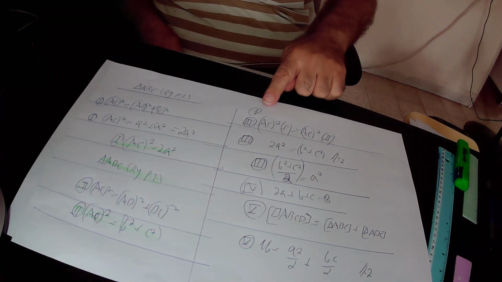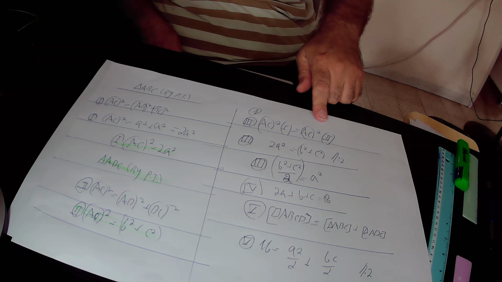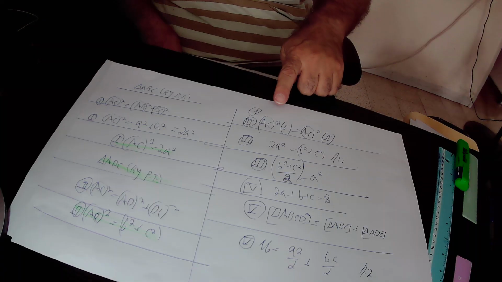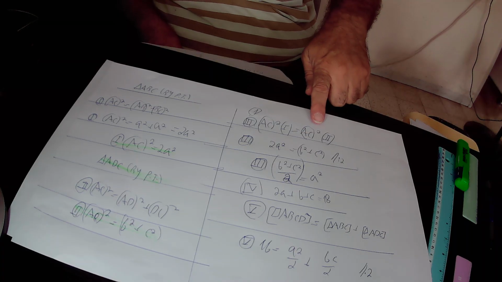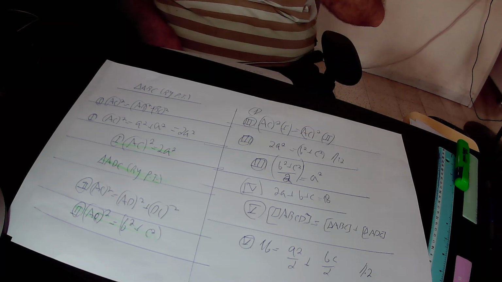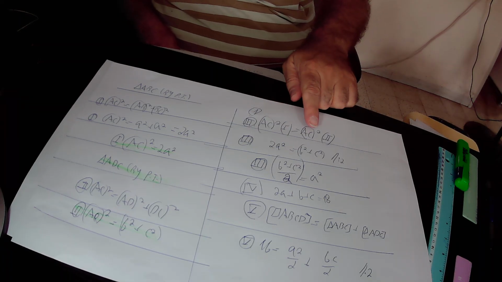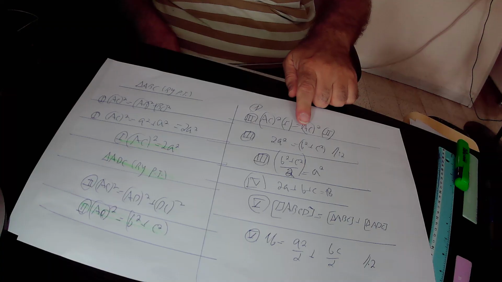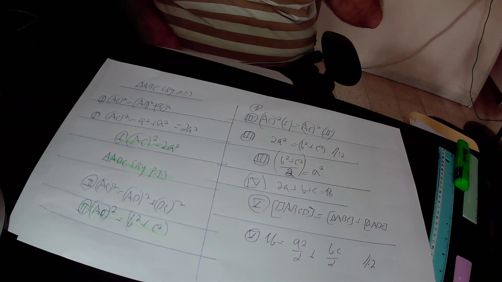That is, 2A squared equals B squared plus C squared. Here we divided equation 3 by 2, and we found that (B squared plus C squared) over 2 equals A squared. This is according to equation 3.